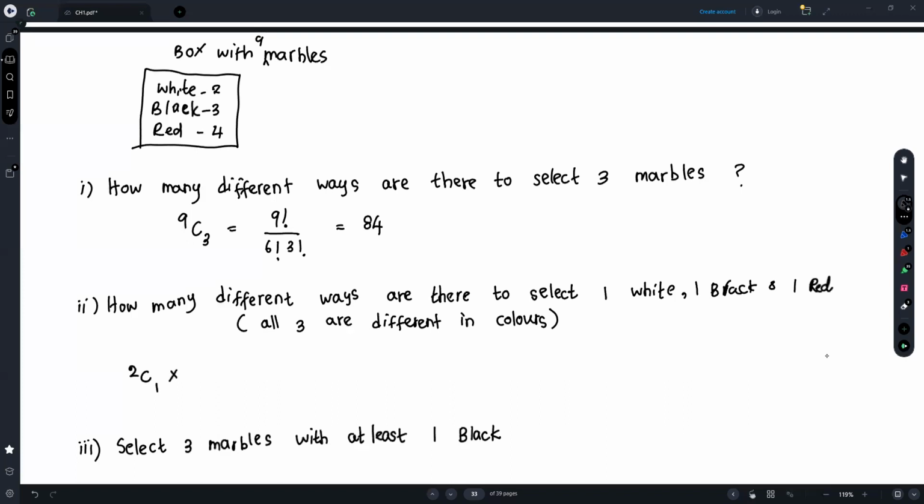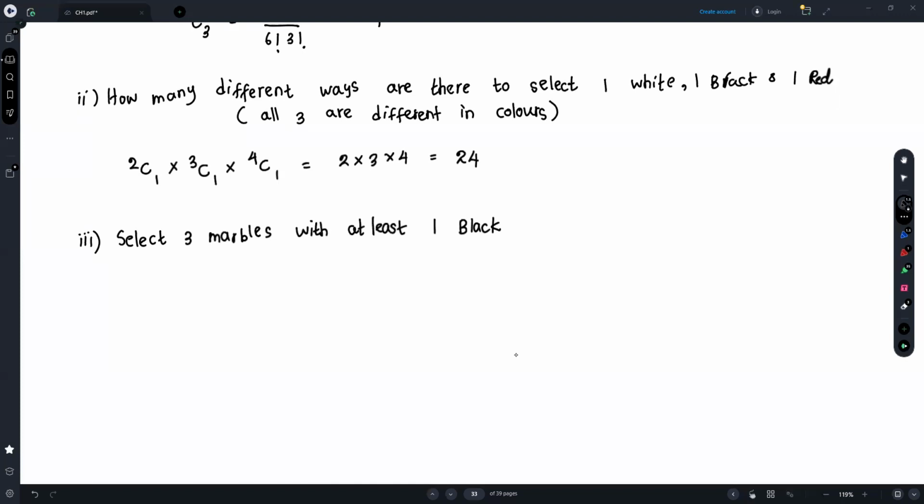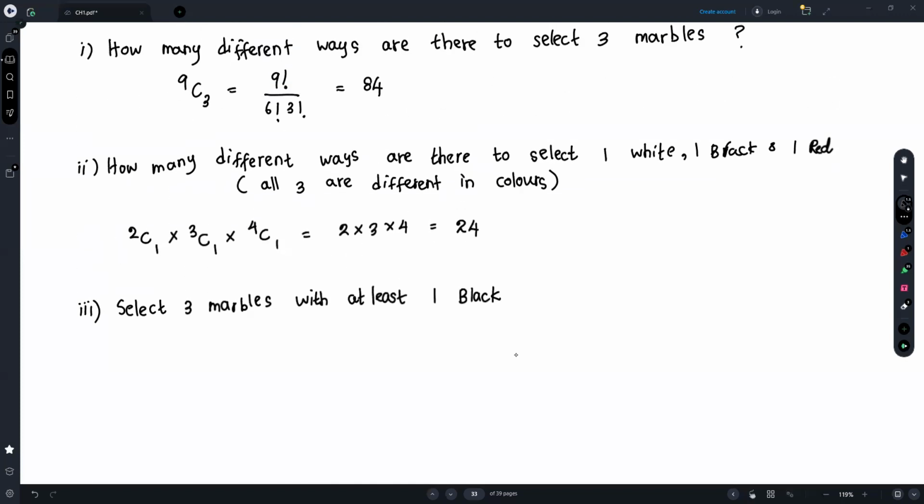Selecting 1 blue out of 3, 3 choose 1. Selecting 1 out of 4 reds, 4 choose 1. So I will get 2 times 3 times 4, which is 24. Right, so I've got the answer. Right, now try the next one. It's similar to the previous one. Selecting 3 marbles with at least 1 blue.